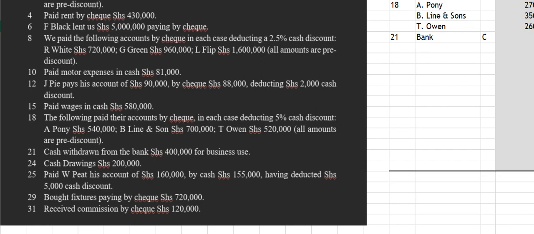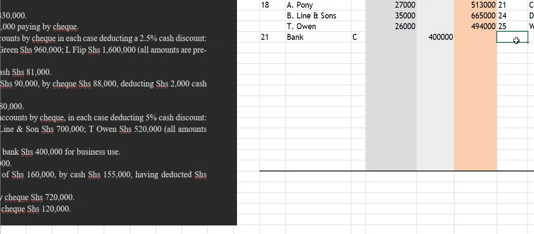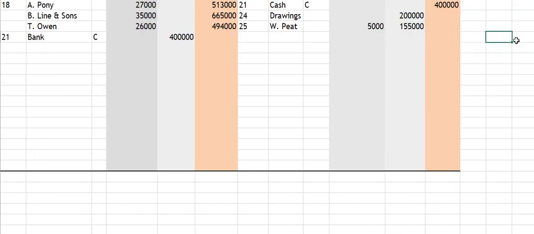That's on 29th. That's a payment that was made, so you record that. Fixtures were bought, so money was used, so we credit the cash book. Fixtures, 720,000 check, that is in the bank column.